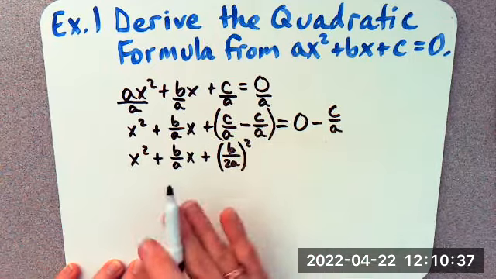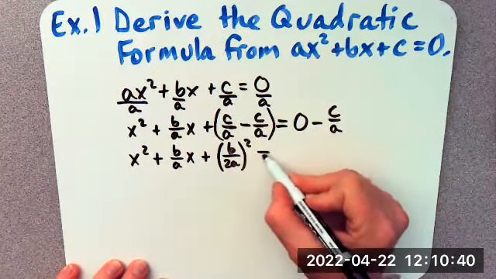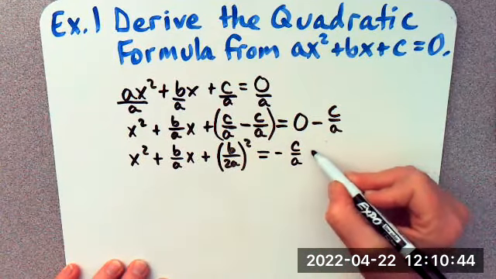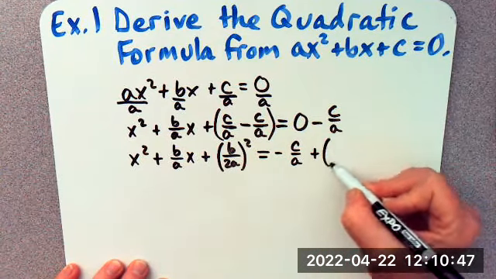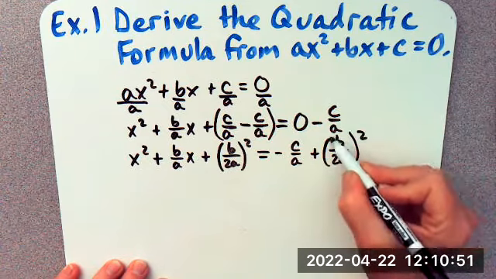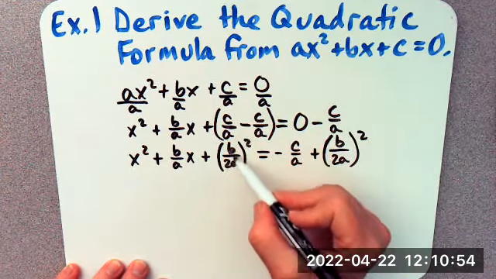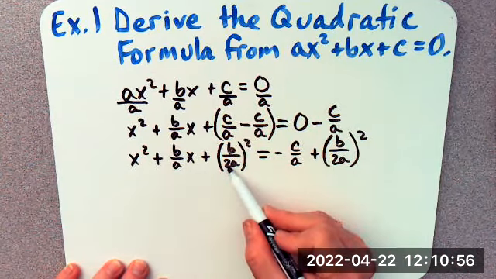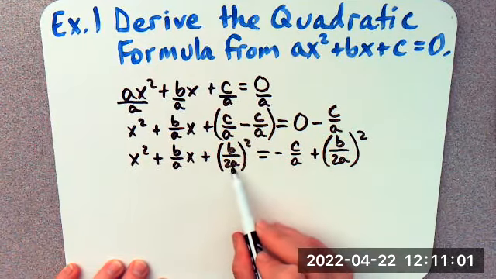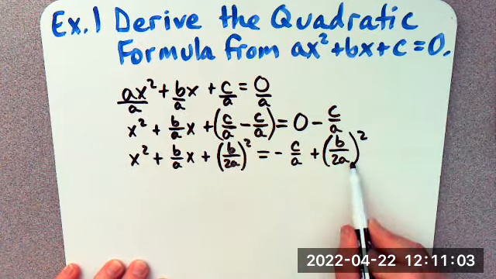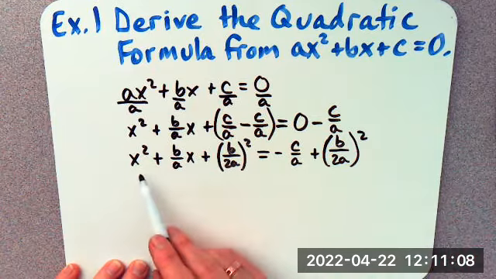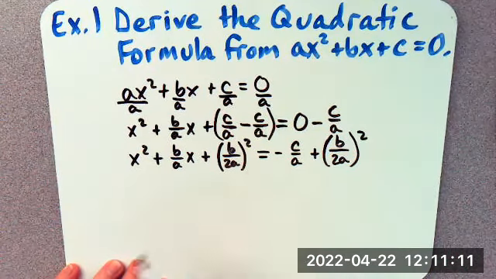And then if we add it to that side, we're going to have negative c over a, and we're going to add b over 2a squared. So b over 2a, this is b over a, and then we divide it by 2 to complete the square, and then we square it. So we added it to this side of the equal sign. So we haven't changed the equation, but we've created a perfect square trinomial.